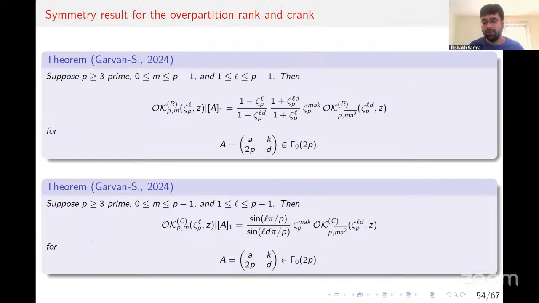What we do is we take the dissection element of the rank function on the left, and on the right we have a linear combination of generalized eta products with cyclotomic coefficients. That is the part I'm talking about.